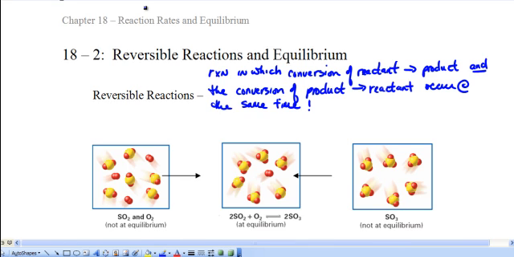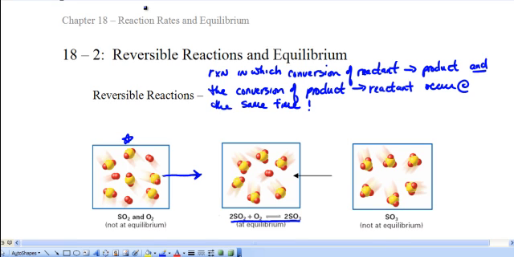Alright, so let's take a look at a reaction that does a pretty good job of illustrating that. This reaction overall is where you take sulfur dioxide and oxygen to form sulfur trioxide. Typically you start right here where you have sulfur dioxide and oxygen, which are the reactants, and then of course it's going to move towards your product, your sulfur trioxide.